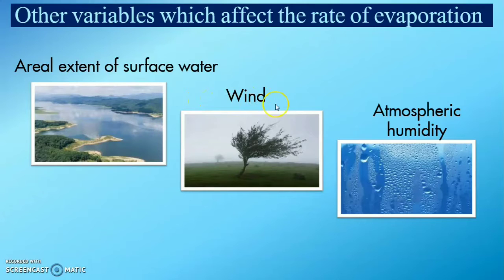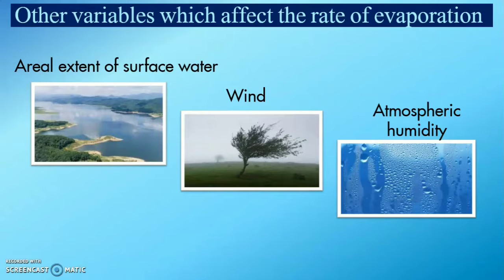The next variable which affects the rate of evaporation is wind. Children, increase in the wind speed results in increased evaporation, and decrease in the wind speed results in decreased evaporation. So wind speed and rate of evaporation are proportional to each other. Is it clear? The next variable is atmospheric humidity. Now what is humidity? Humidity is the moisture content in the air.